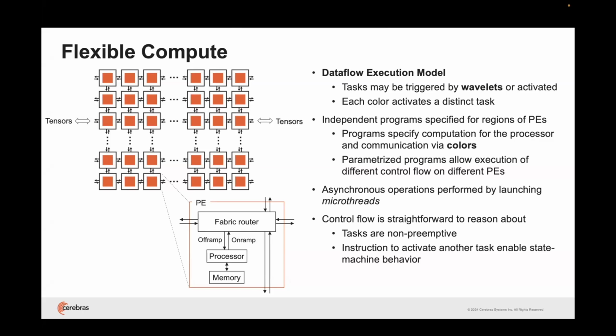If those 8 wavelets haven't yet arrived at your processing element, that micro thread can go to sleep, and the main thread, some other task, can pick up, activate and start running. Once those 8 wavelets are available, that micro thread will wake back up and consume them. So they allow for some amount of concurrency, but they don't allow for parallelism on the cores. These cores are not parallel in any sense, but they do have some concurrency with these micro threads.